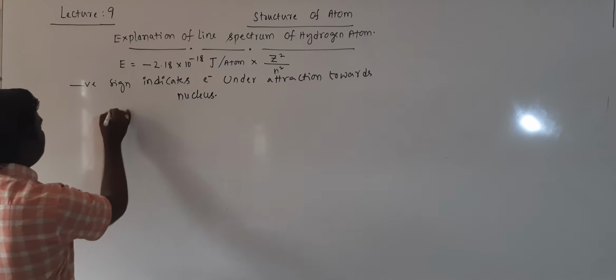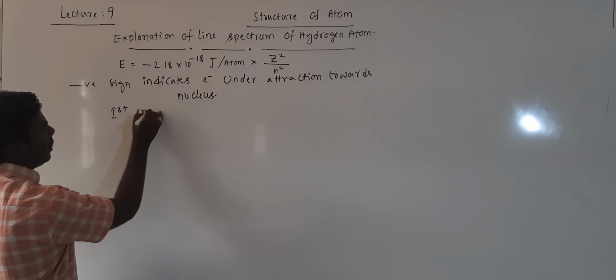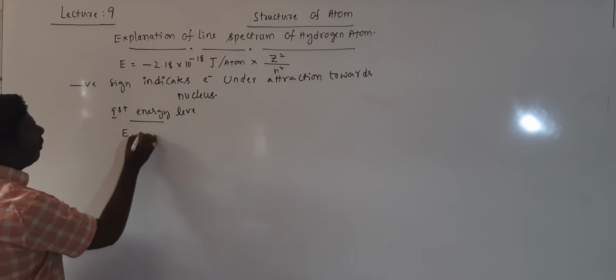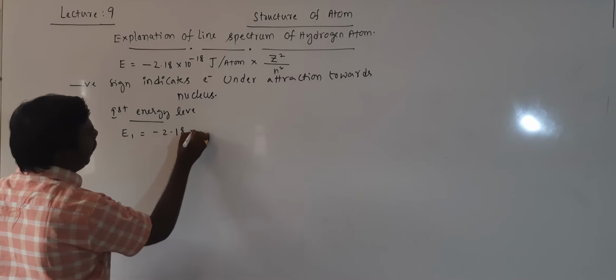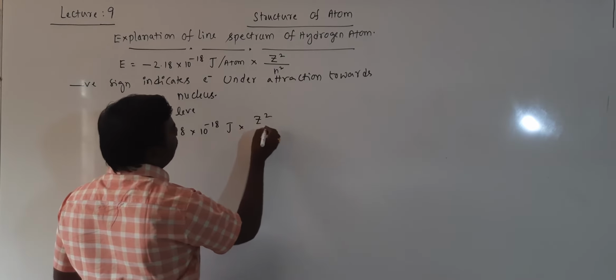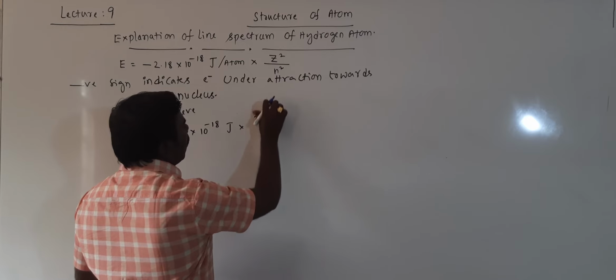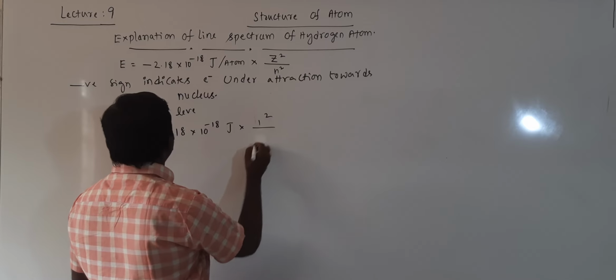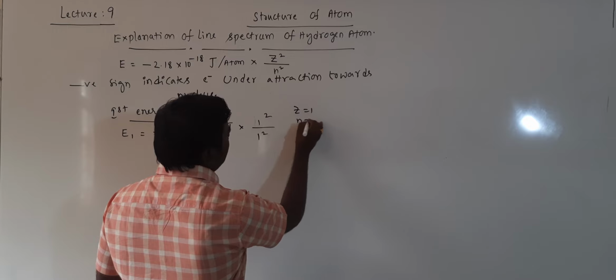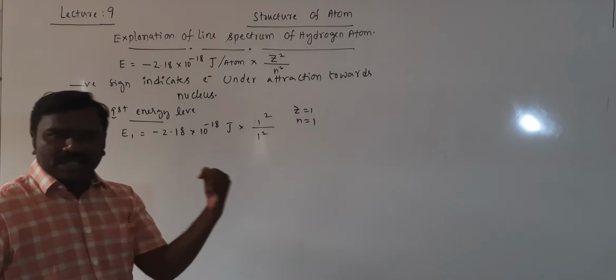So first energy level. The value will be E1 equal to minus 2.18 into 10 to the power of minus 18 into Z square by n square, where Z equal to 1, n equal to 1, first energy level.